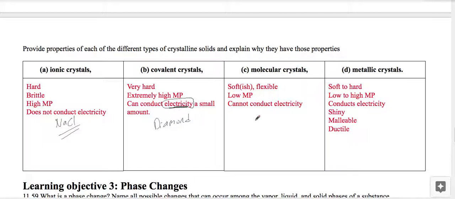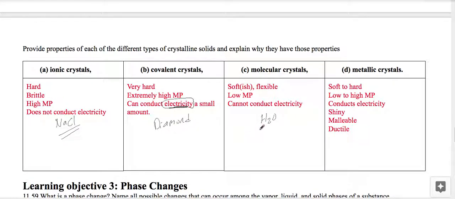Molecular crystals is going to be the water. And you're like, well, water is hard, right? Well, not when we compare it to the other things. Like if we were to take ice and take a diamond ring or diamond something and scratch it across the surface of the ice, it would not give any problem to that whatsoever.